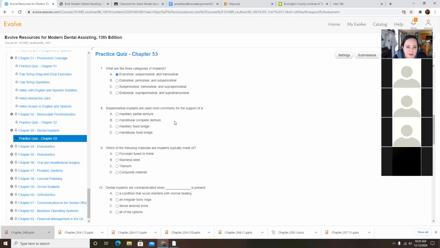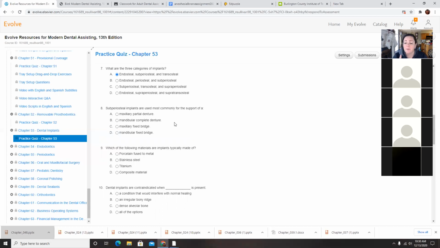Subperiosteal implants are used most commonly for the support of so if the patient doesn't have a lot of bone, can they get a regular implant? No. No, especially on the mandible.